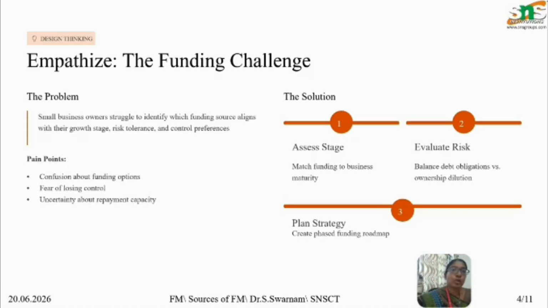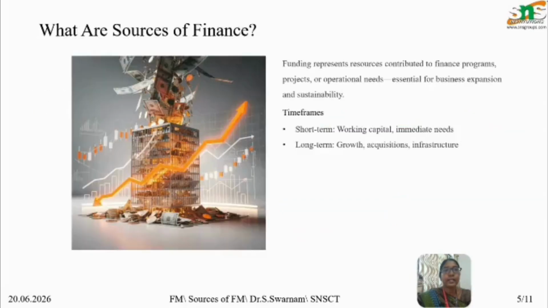The company should not go for excess debt, or for excessive selling of shares. They should also have a proper strategy, a roadmap to proceed with their funding requirements. This is the first and foremost thing the company must have a clear idea about.